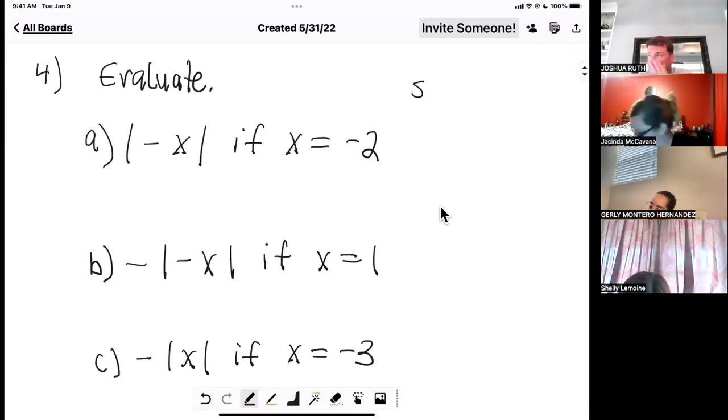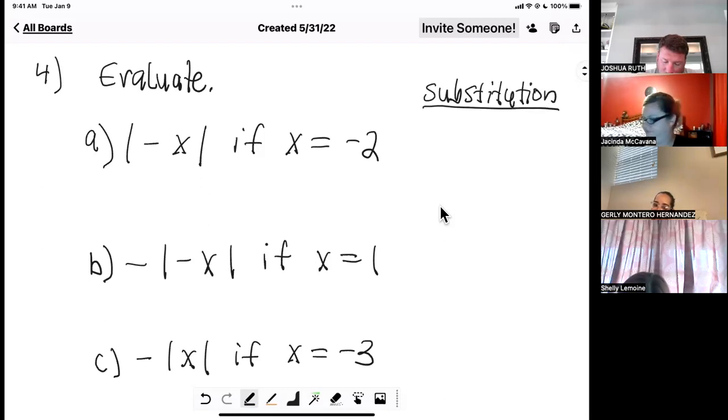And we're going to use substitution. That's when you take out a variable and put in a number. So for the first one, we're going to take out, now I'm going to do it in different colors because I need to say it. We're only replacing X.